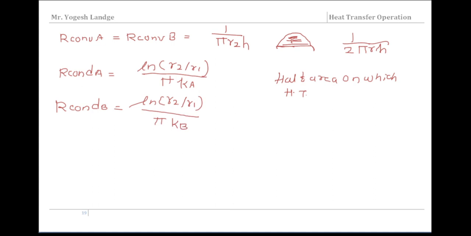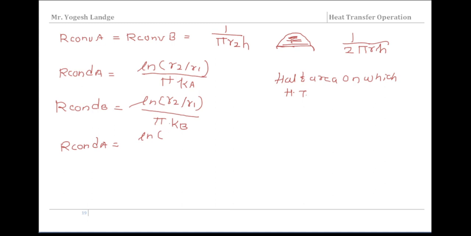Okay, then we just put in the values that you have been given in this numerical. So to calculate the R conduction of A, I can have a formula, and we just put in the values.